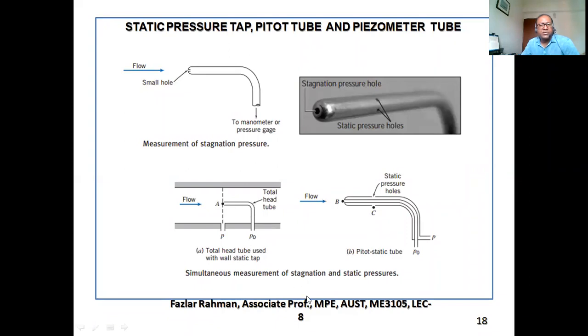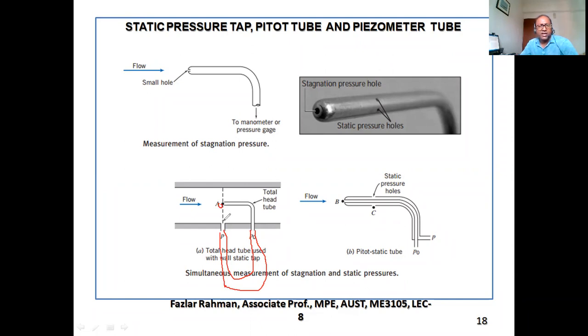Okay. So the fluid is flowing. Right over here, the velocity will be 0. And there is one more hole in the pipeline. Now, if you attach a U-tube manometer, then what will happen? Right over here, velocity is 0. Right over here it is not 0.